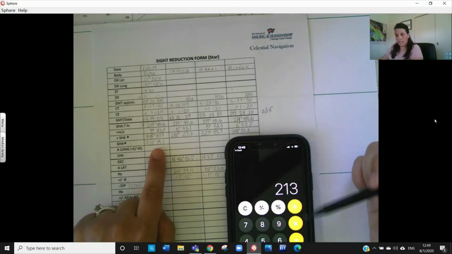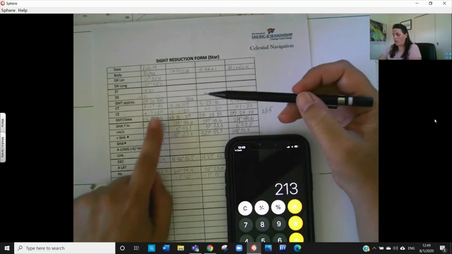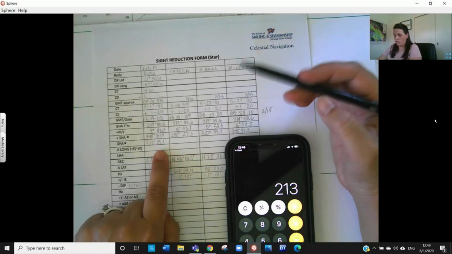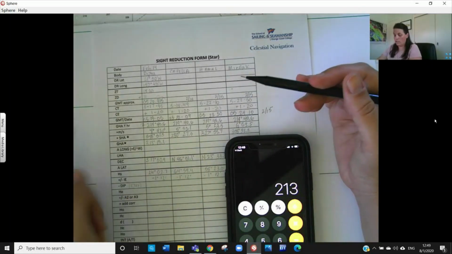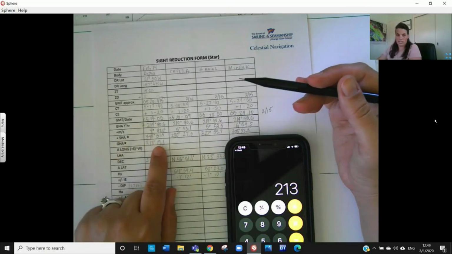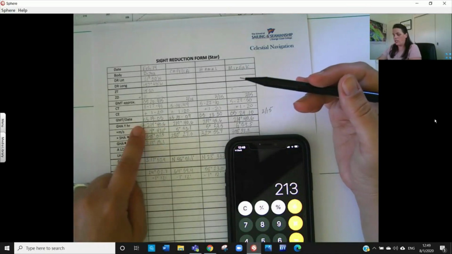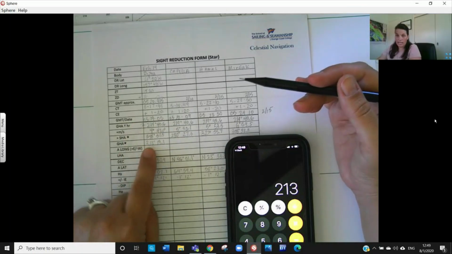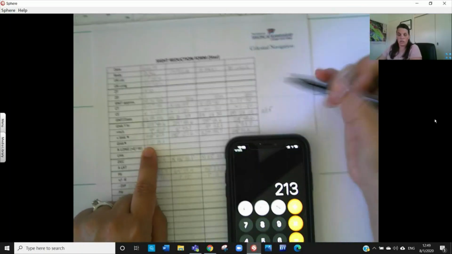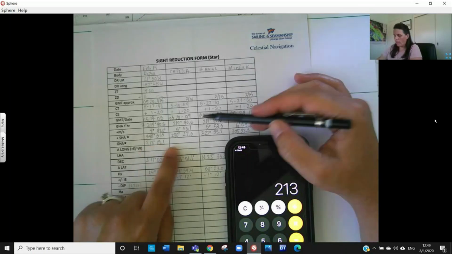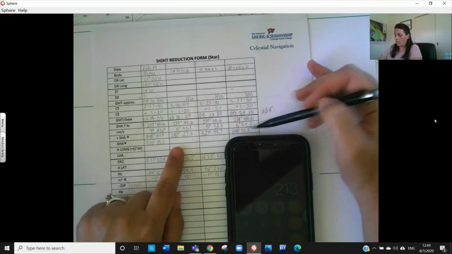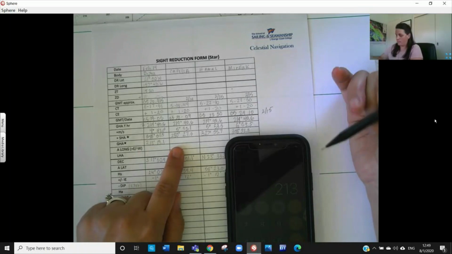If you saw on the calculator, all of our minutes added up to 130 something, so we had to subtract 2 degrees to get something under 60. Then we carried that 2 degrees over, and we got a very high number, so we just subtract 360 to get a number we can work with. So we have 213 as our GHA. Now I'm just going to add up our GHA of the star for the rest.